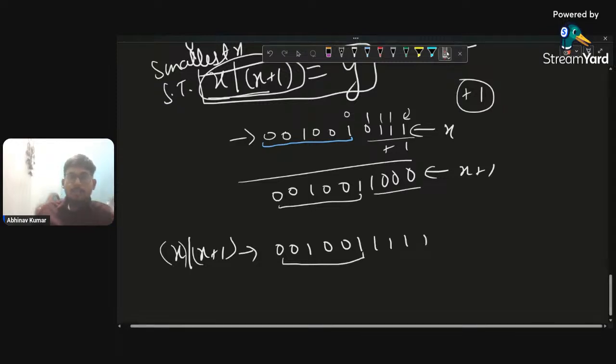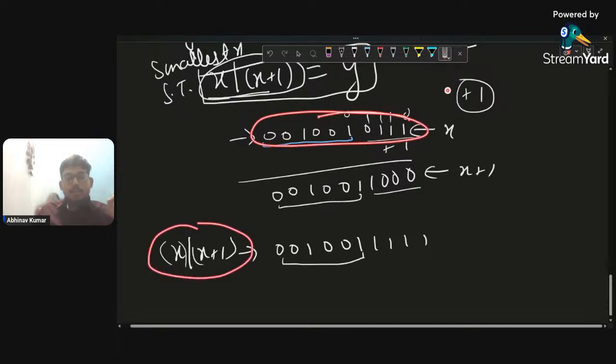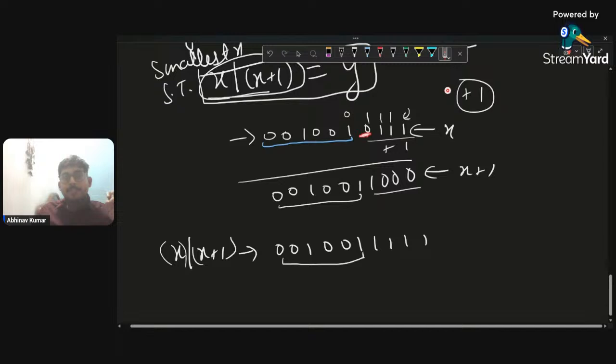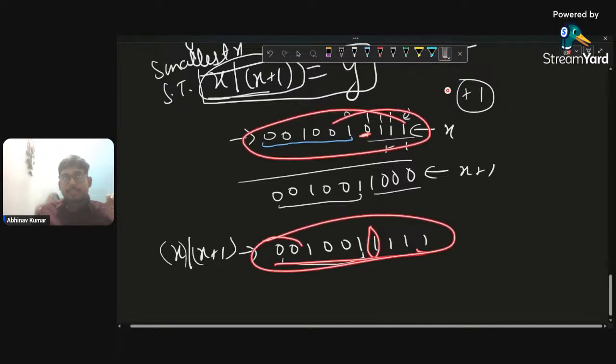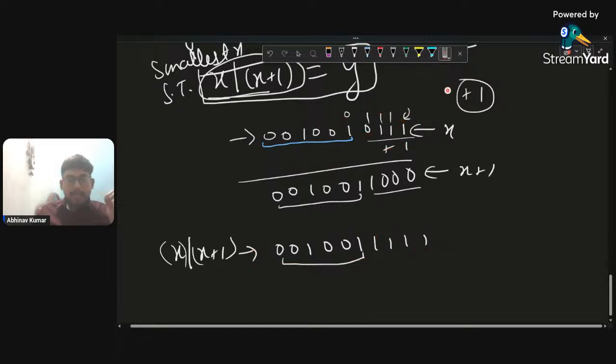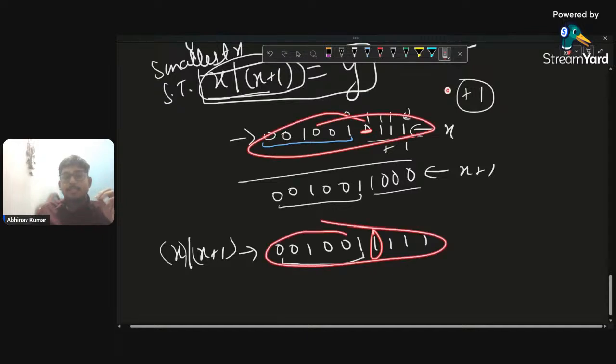So what happens when we have x, what is x OR (x + 1)? The least significant 0 that we get would be converted to 1, and the rest remains the same. Can you understand? For any number x, the least significant 0 that we have would be converted to 1, and all the rest remains the same when we do x OR (x + 1).